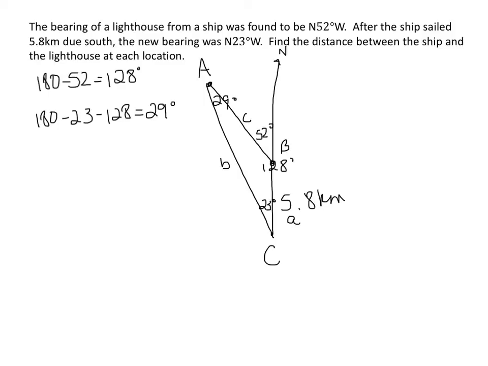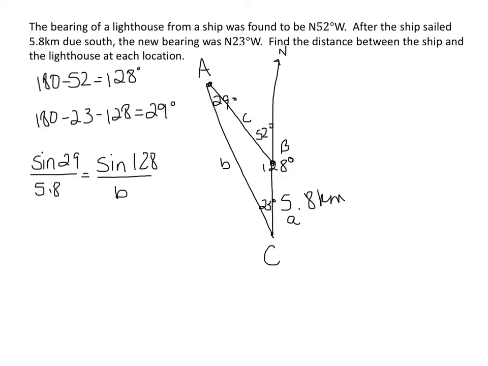So we will start with sine of A over A. I know this drawing isn't the easiest to see. There's angle A. Side A is the 5.8 kilometers. And I set that equal to sine of B over B. And that is a degree symbol, by the way.